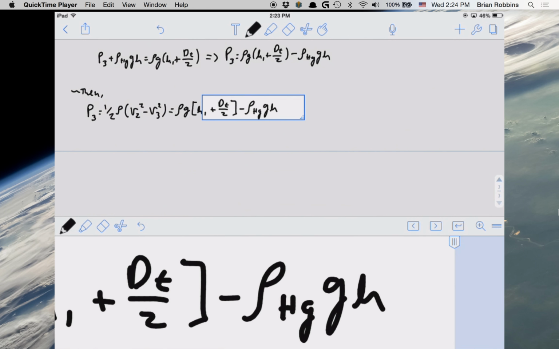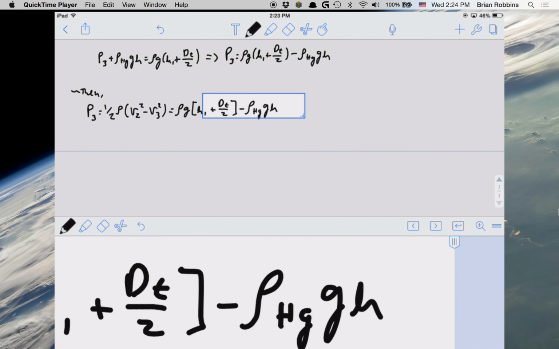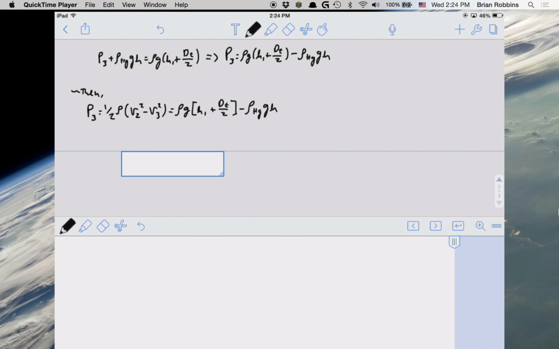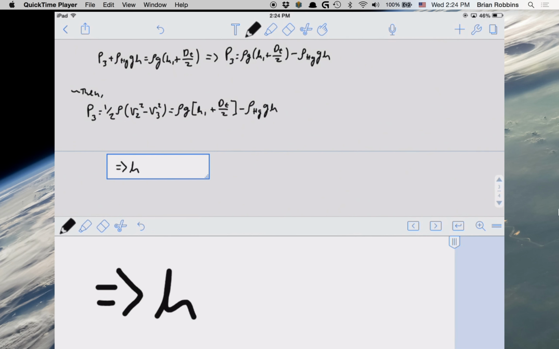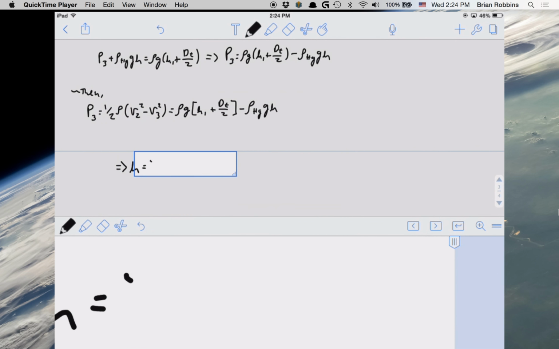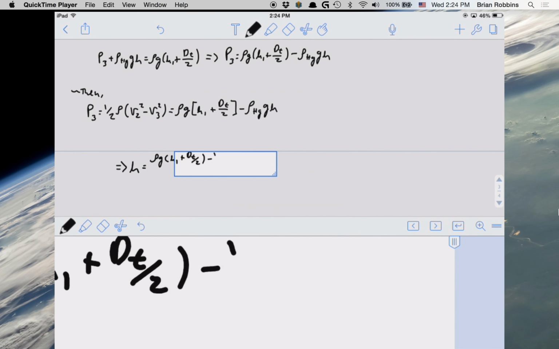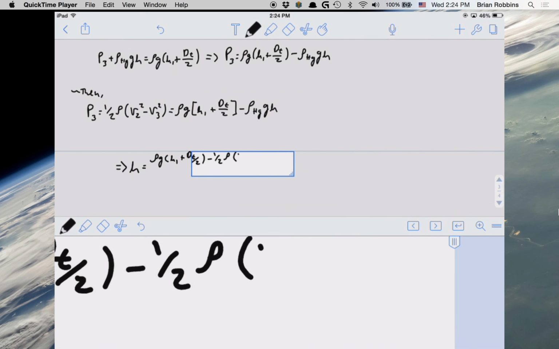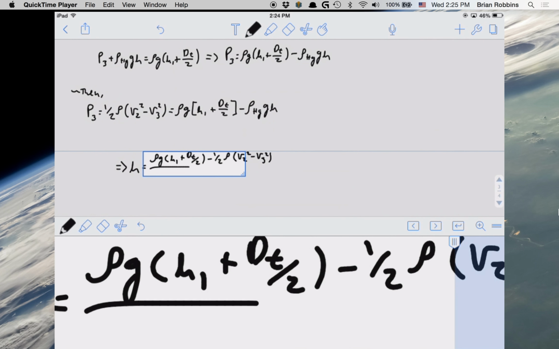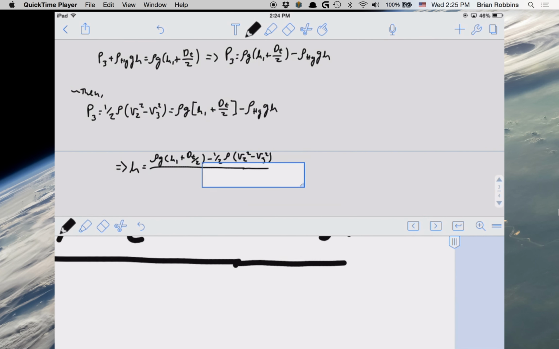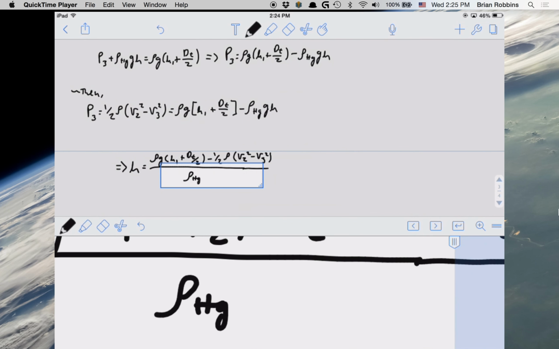So in solving our expression here for H, what we end up getting is H is equal to rho g h1 plus dt divided by 2 minus 1/2 rho V2 squared minus V3 squared, all divided by the density of mercury times gravity.